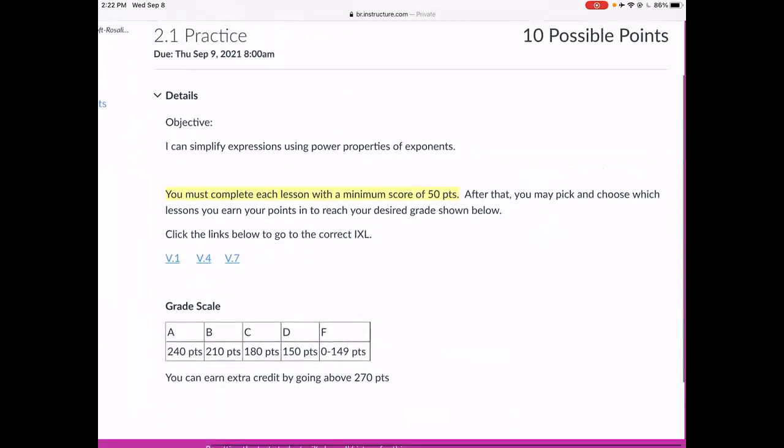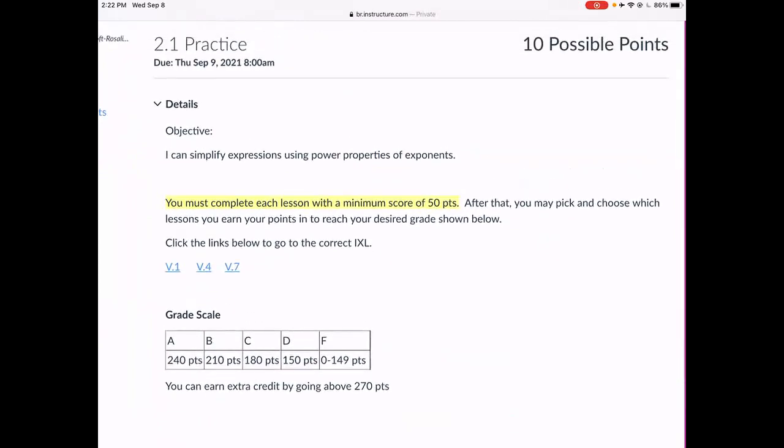How many IXLs is it? 3. You have to complete each one to a minimum. What's minimum mean? Least amount you can get is a 50. If you get a 100, a 100, and a 40, wrong. You will not get an A. I will drop you down to a B because you did not complete this one to a 50. They have to all be completed to a 50. 50 will get you a D, and 80 will get you an A.